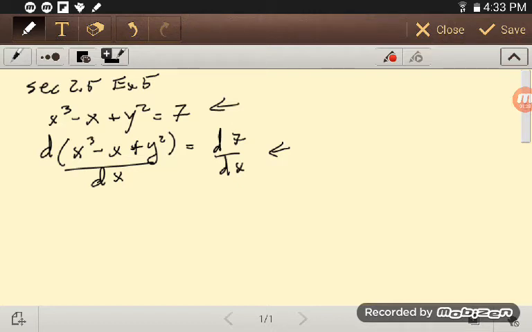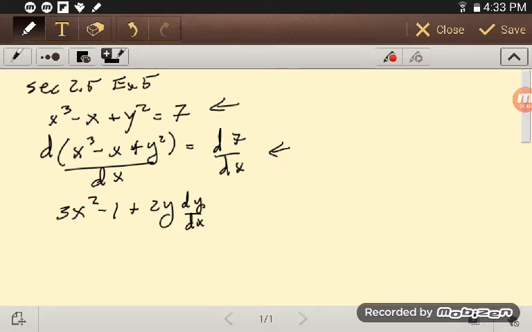And so here we have our 3x squared minus 1 plus, and I look at that, well, it's just y squared, so that's just 2y, but then I have to remember to use the chain rule and say, well, y is a function of x, so I have to multiply by its derivative as well.